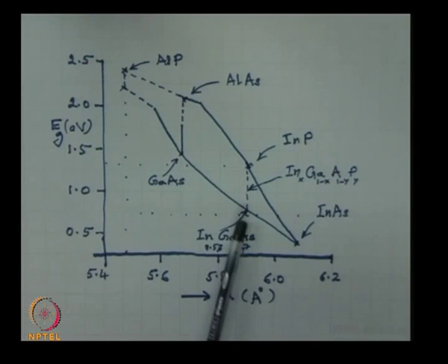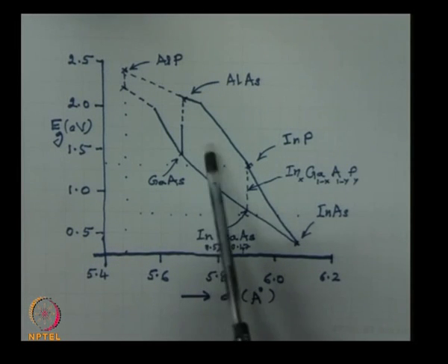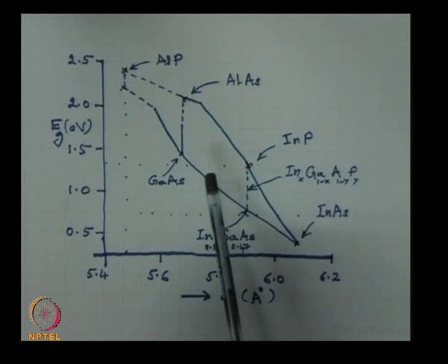In particular, there is a line here which is of great interest. I said that indium gallium arsenide is this point and indium phosphide is this point. When you move along this line, then the material that you have is indium gallium arsenide phosphide. In fact, points inside this polygon correspond to quaternary compounds.